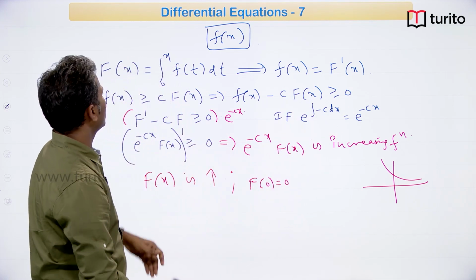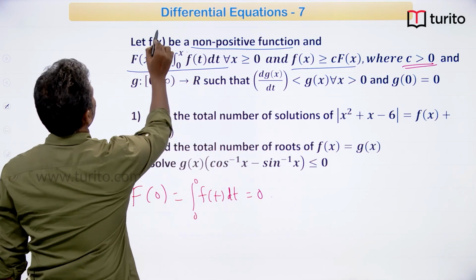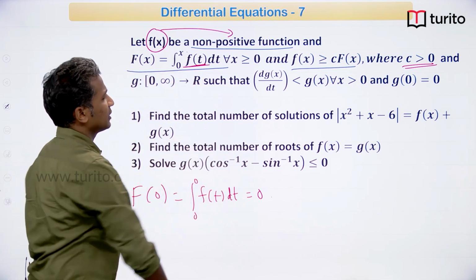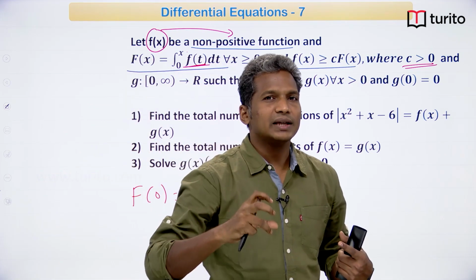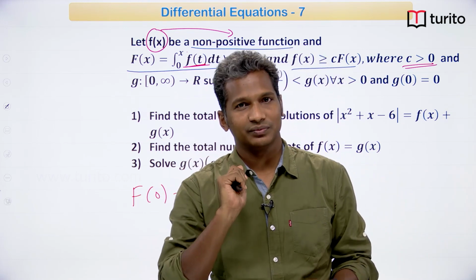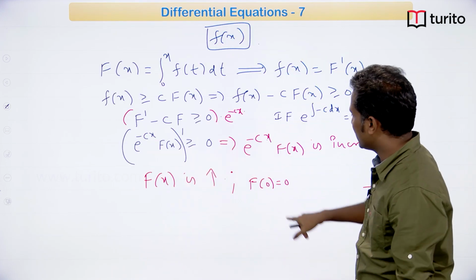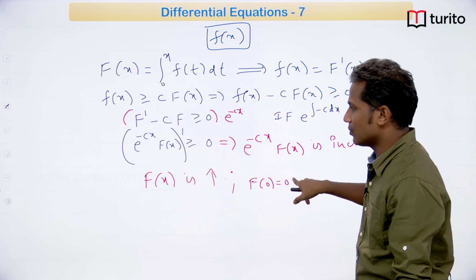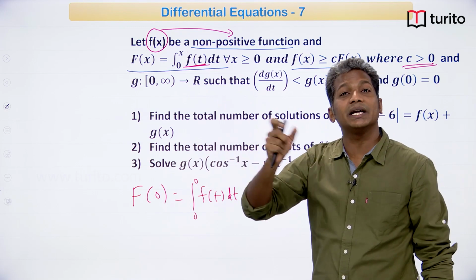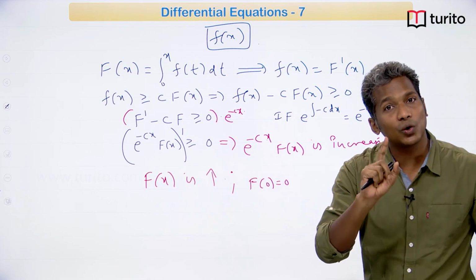Now if we look at the capital F of x here, okay, so let me explain it here. It's given that small f of x is a non-positive function. So when we integrate a non-positive function, we either get the integral to be completely positive, completely negative or 0, right? Completely negative or 0 it must be, okay? But here if we check, F of 0 is 0 and after that the function has to increase, but the integral must be negative or 0, which means capital F of x is a constant function.